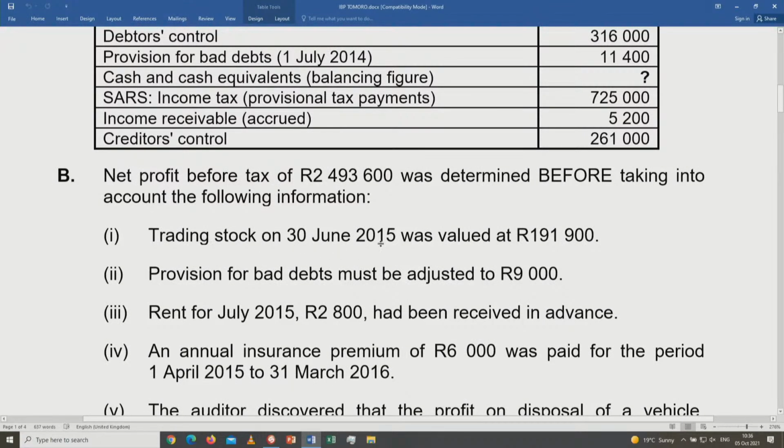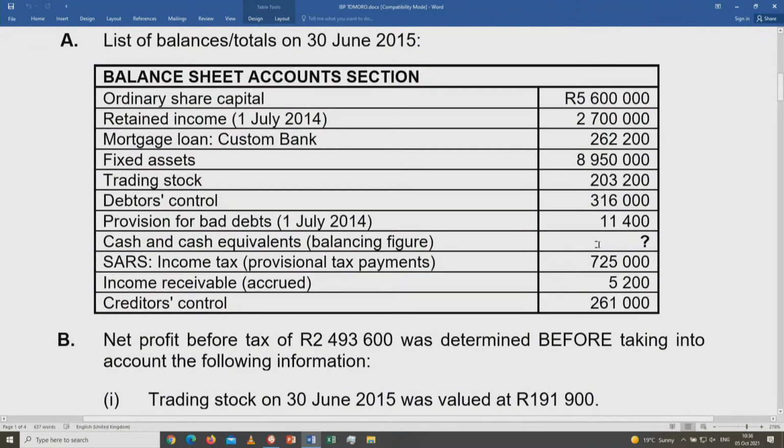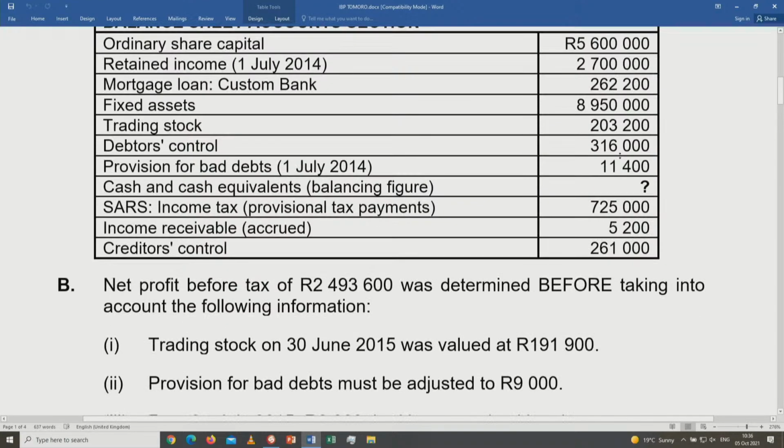But when we count at the end of the financial year, our trading stock is 191,900. It is lesser than the balance that appears on our balance sheet. Meaning, in this case, there's a difference of 203,200 minus 191,900.